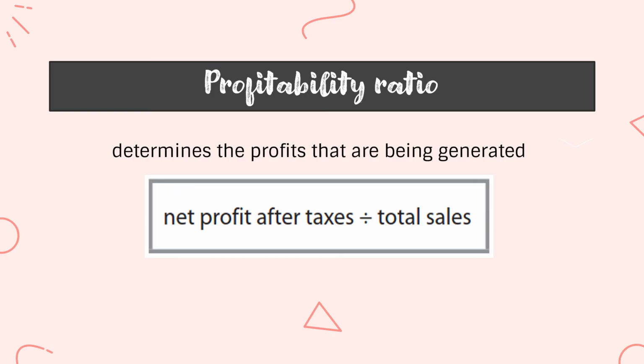If there's a given amount of taxes, like for example, yung 15,000 wala pa yung tax doon, if we deduct a tax of 2,000 from the 15,000, magiging 13,000 na lang siya. So, the net profit after taxes is 13,000. Again, the difference between profit and sales is that the profit is net of all the expenses that the company incurred, while total sales is the actual sales that the company had.